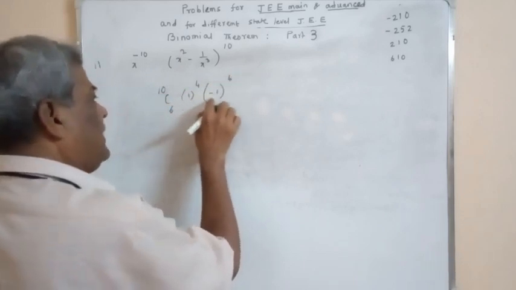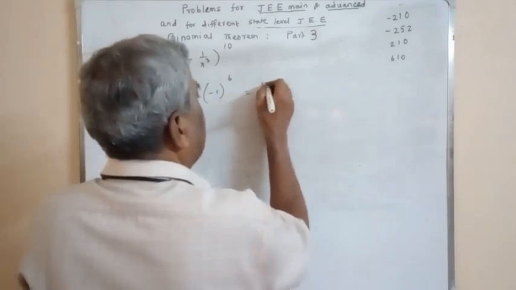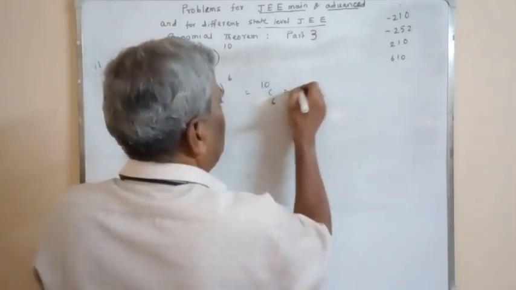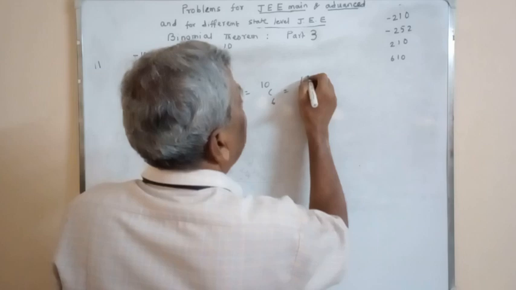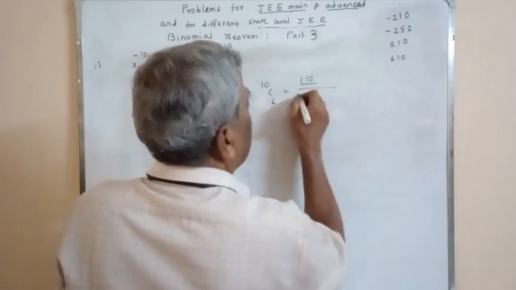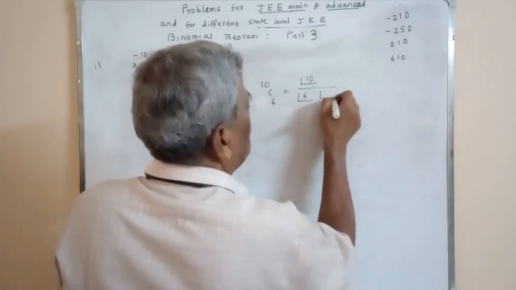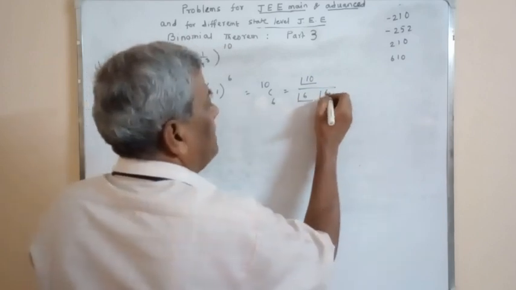So positive. So it is equal to 10C6, factorial 10 by factorial 6 into factorial 4.